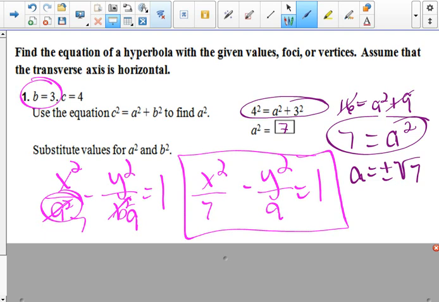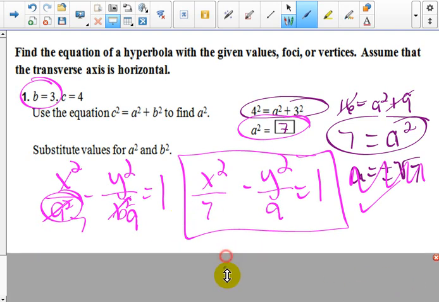And there's your equation. And that's all there is to it. So really, we didn't even have to take it down to that. As long as you have your a squared here, you're good. A squared was equal to 7. Okay? That's all there is to that.